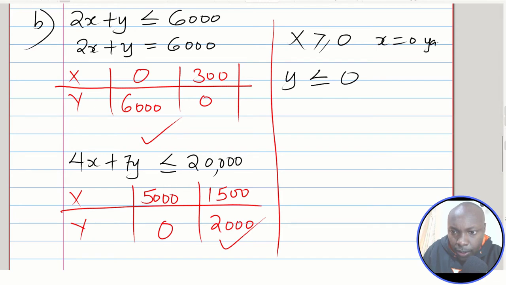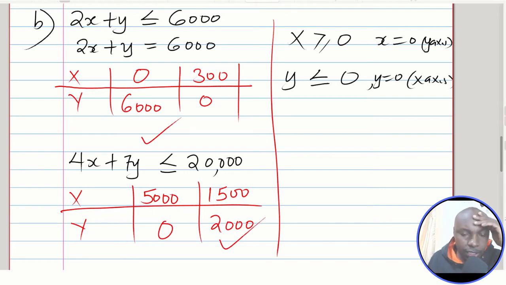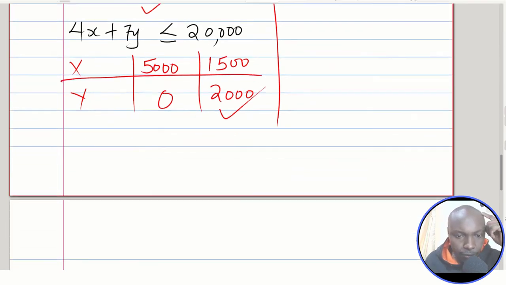This one will be the y-axis, and then y equals 0 will be the x-axis. So those are the lines that we need to draw now. We're going to draw the first line using these 2 points, and then the second and third one. So let us go to the graph.